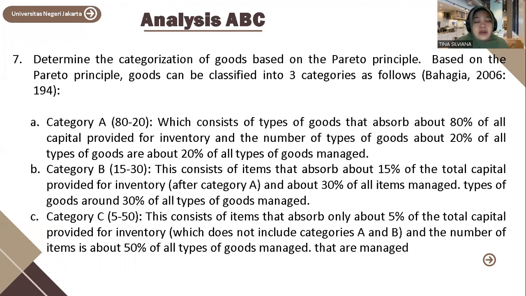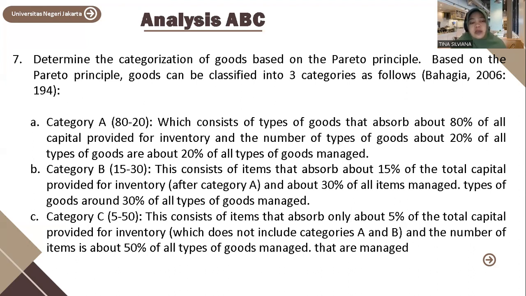Category A, 80 to 20, consists of types of goods that absorb about 80% of all capital provided for inventory, and the number of types of goods is about 20% of all types of goods managed.